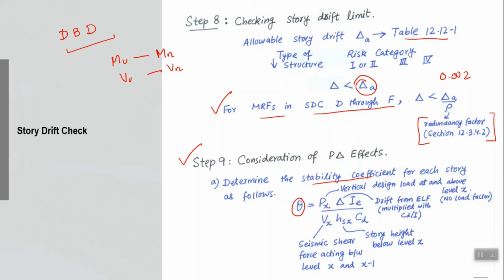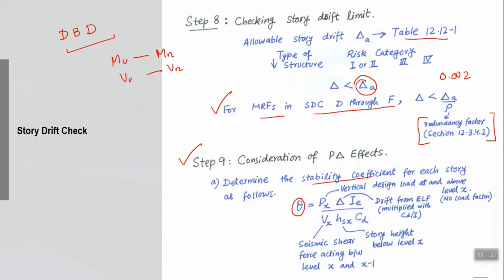So it is the ratio of secondary moment, P delta moment, with the overturning moment at that story, because Vx is a lateral force. When you multiply it with the height below that story, you will get a moment which is an overturning moment, right? It is a moment which is trying to topple over your building in lateral direction, right?